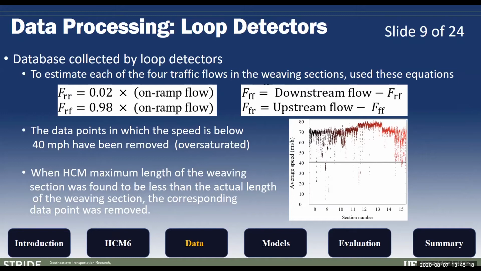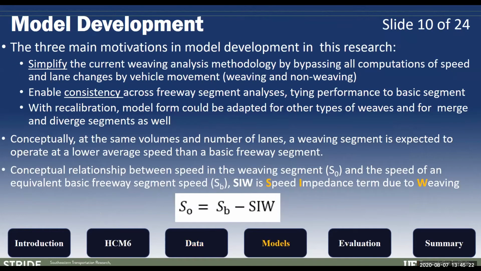So based on this, we ended up with a very large data set, and we began to think about the model development. And I want to spend a little bit of time on this slide because it really is consistent with our motivation, which is both to simplify and enable consistency.